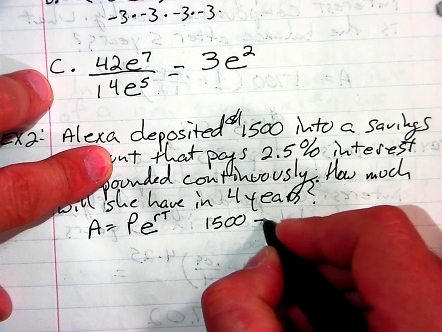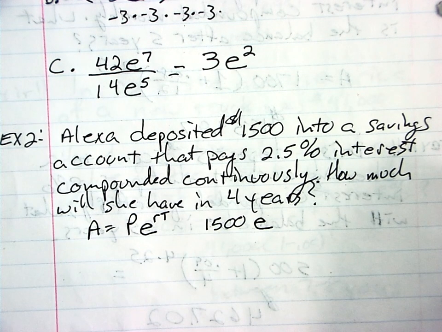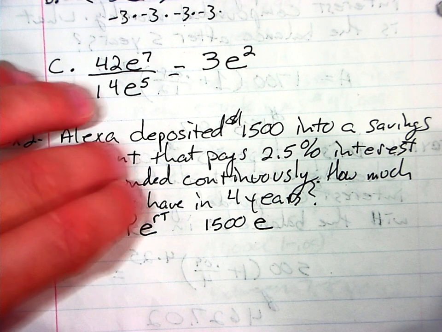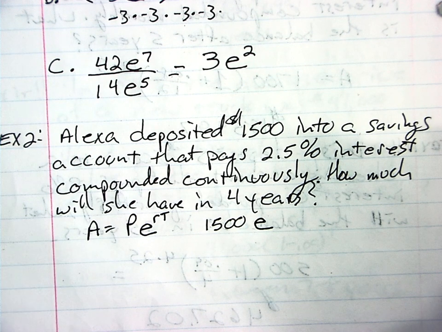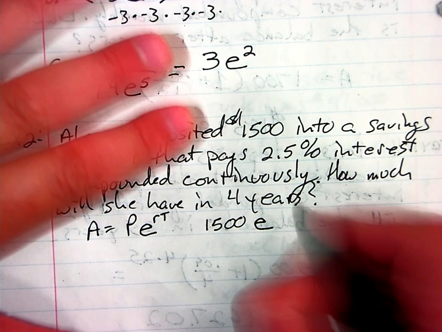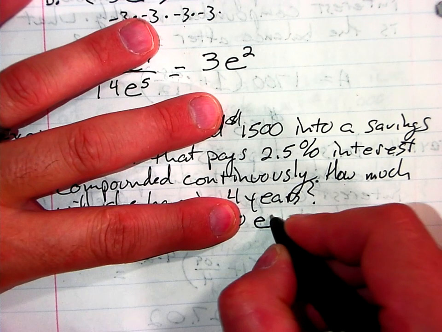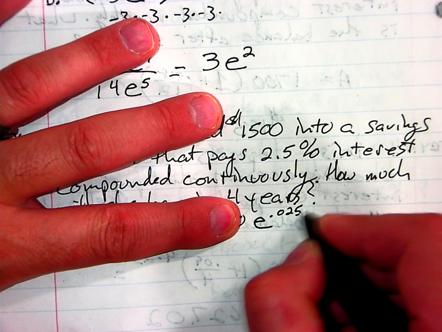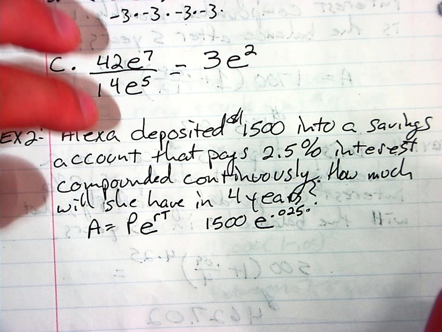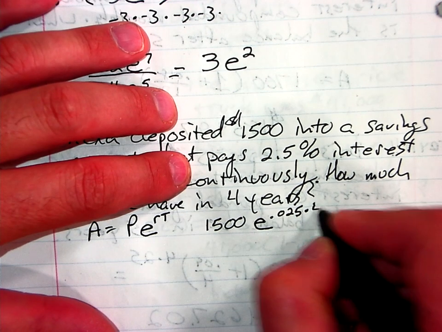E, what's her rate? 2.5%, which I found out there is a percent key on the calculator. But I would personally rather put in 0.025 times how many years? 4.